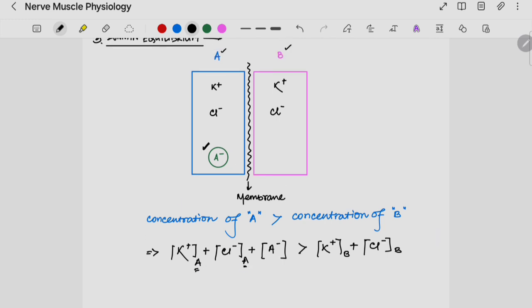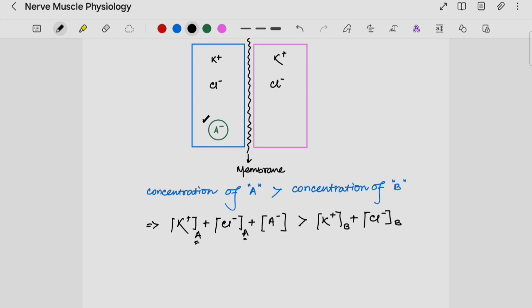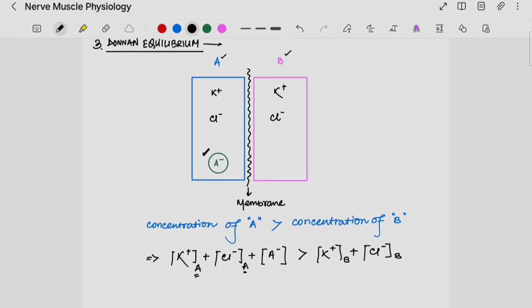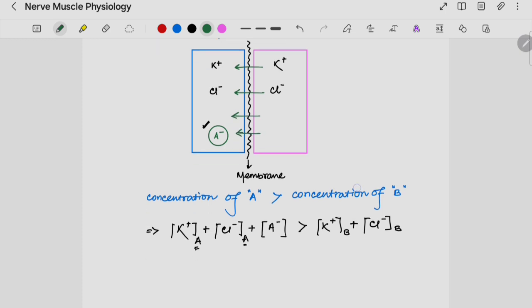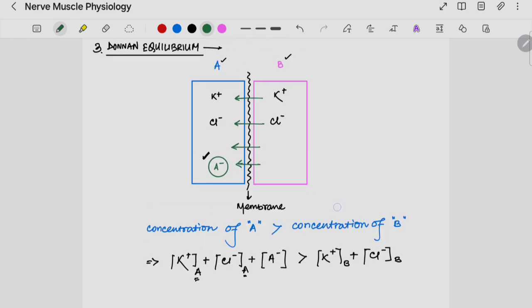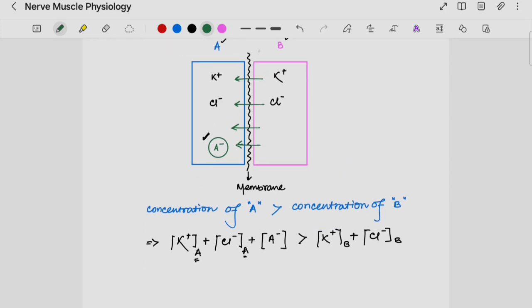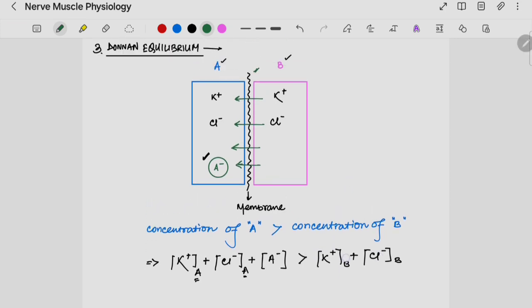Because there is a higher concentration in compartment A than in compartment B. Due to osmosis, solvent comes from B to A, against the concentration gradient, you can say, in osmosis.